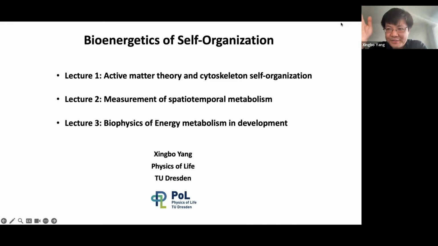So for that matter, I'd like to divide my lectures into three parts. I will be giving 3 lectures this week. In the first part, I will be talking about active matter theory, a very great framework to study self-organization, and also do a few case studies applying active matter theory to the cytoskeleton self-organization. The second part is metabolism, which is I will be focusing on how to measure metabolic activities with high spatial and temporal resolutions in living systems, in this case, in living cells.